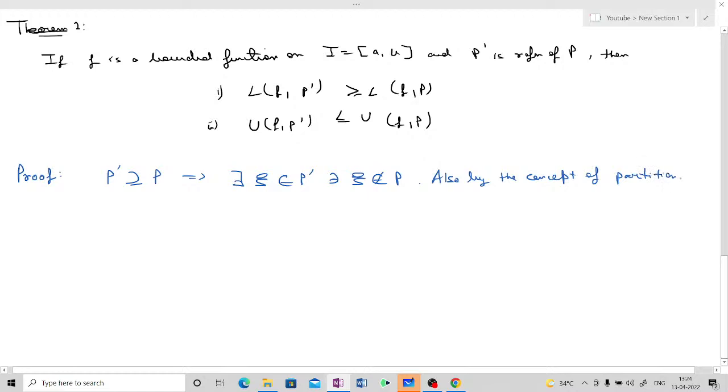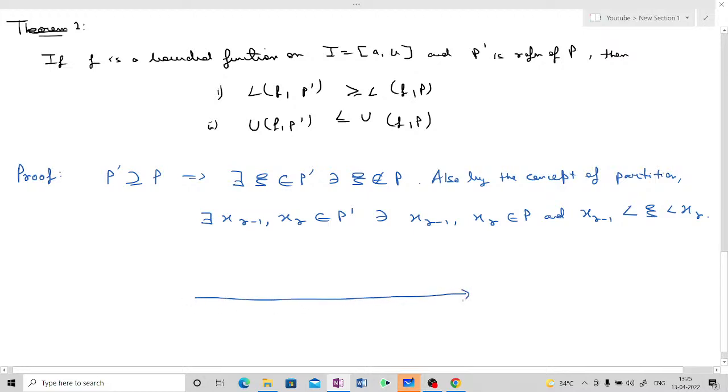since both these sets P' and P are ordered, there exist elements x_{r-1} and x_r belonging to P' such that x_{r-1} and x_r belong to P as well, and x_{r-1} is less than eta, which is less than x_r. Clear?